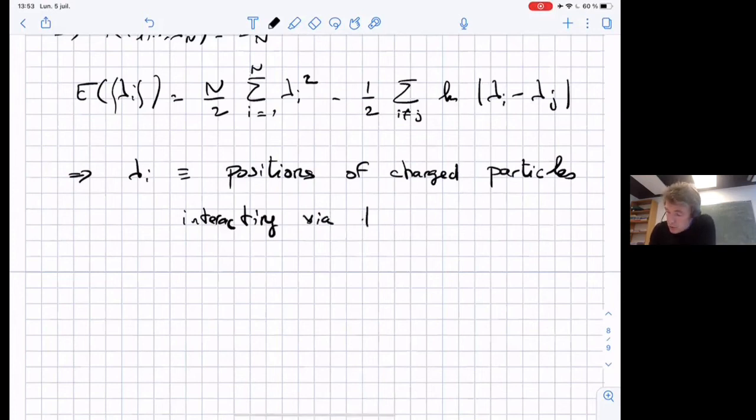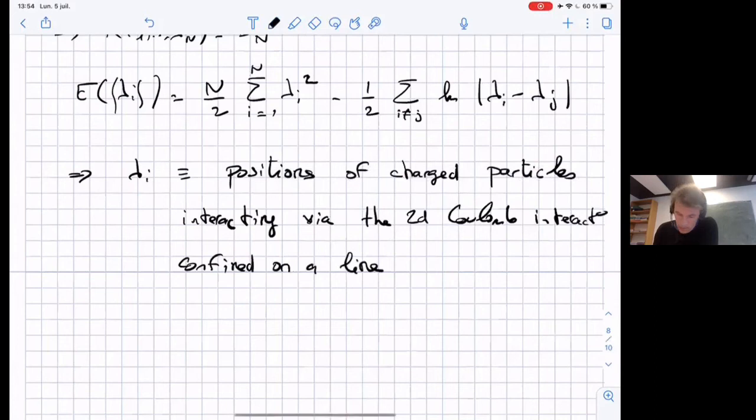So this is actually the Coulomb interaction, but in 2D. I should better say the 2D Coulomb interaction, and confined on a line within a quadratic well, or a harmonic well if you want.